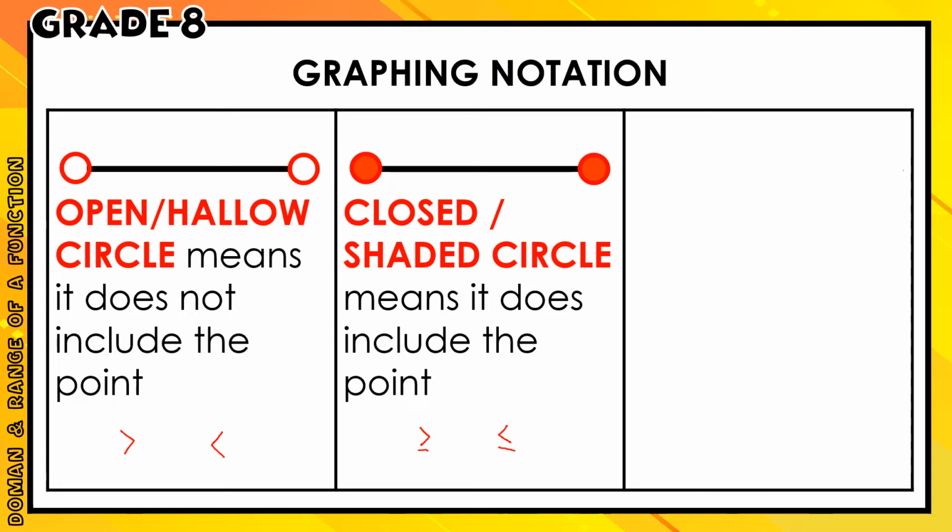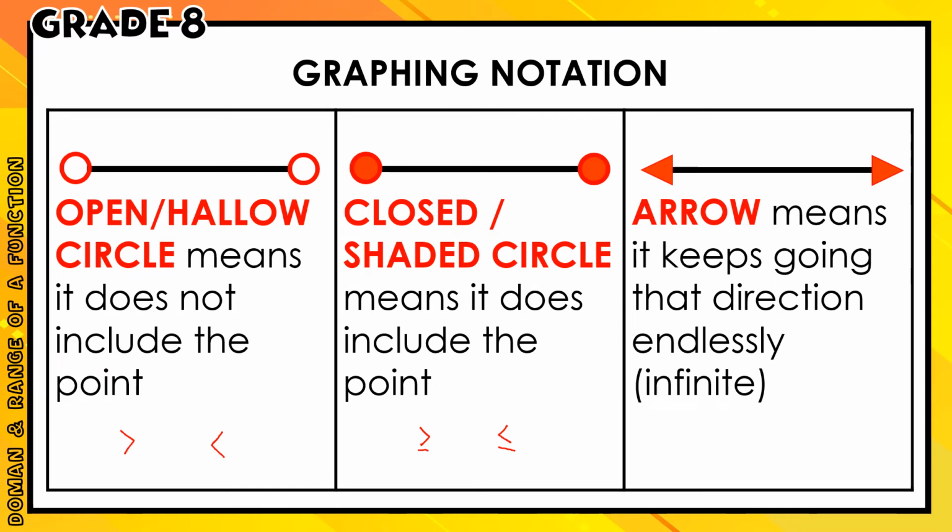And lastly, there's a graph that uses the traditional way, two arrowheads, which means it keeps going in that direction endlessly, or infinitely. This is what we call an element of real numbers, where all numbers are included depending on the graph, or this is also where negative infinity and positive infinity come in.